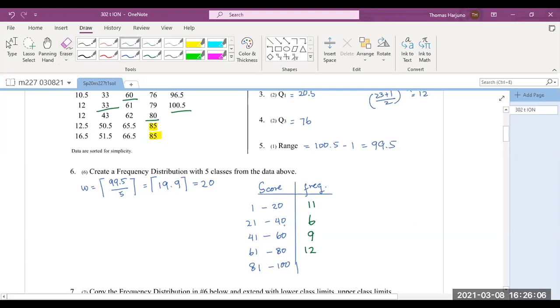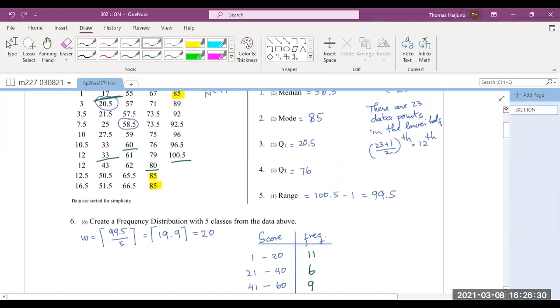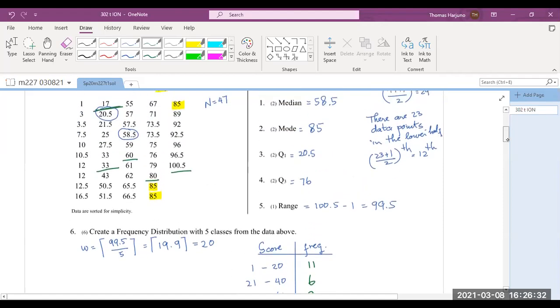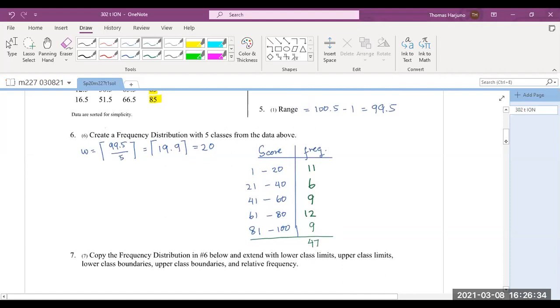So how many will this be? There are 9 of them. When I add, let's see, 17 plus 9, 26, 26 plus 12, 38, 38 plus 9, 47. Do I have 47 data here? Oh yeah, that's right, we have 47 data. Okay, so this is the frequency distribution.